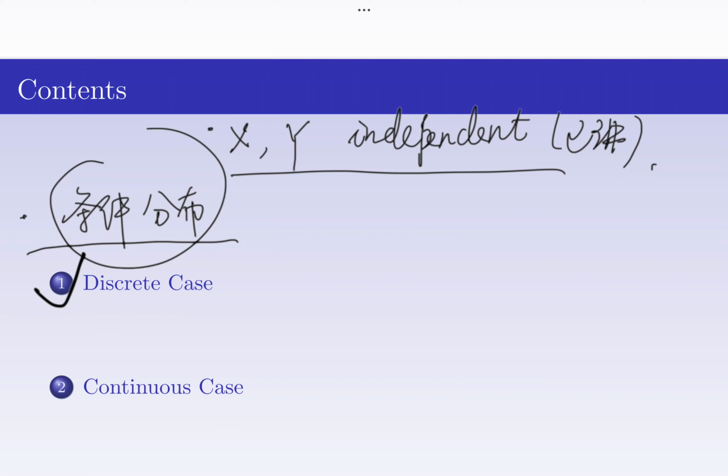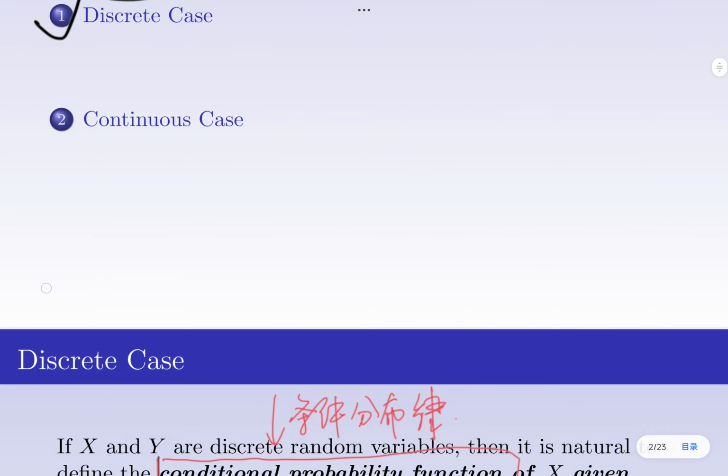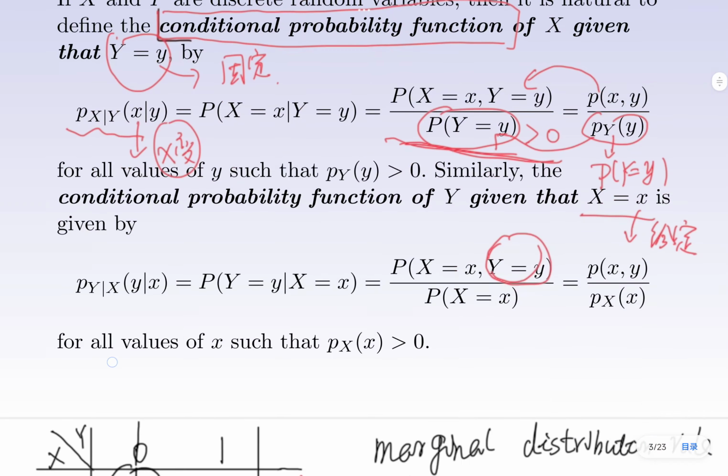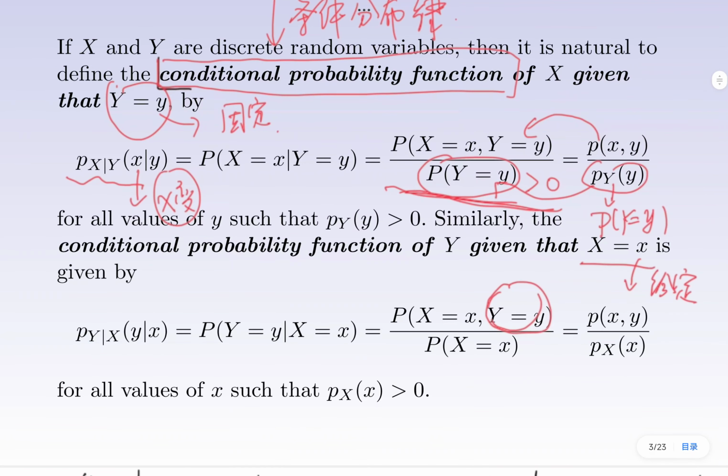What is conditioning? There are two topics: discrete and continuous. If X and Y are discrete random variables, then we define the conditional probability function of X given that Y equals y. What is the meaning of this?